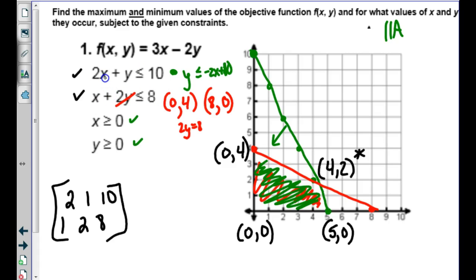Since we think we know it, I'm just going to check it. It'll be 2 times 4 is 8, plus 2 is 10. 4 plus 2 times 2, which would be 4 plus 4 is 8. It's beautiful. It's working. Now, it says in the directions, what we are to do is to find the maximum and minimum values of this objective function up here.